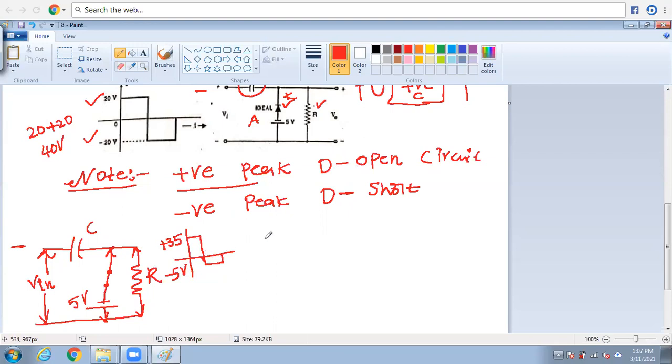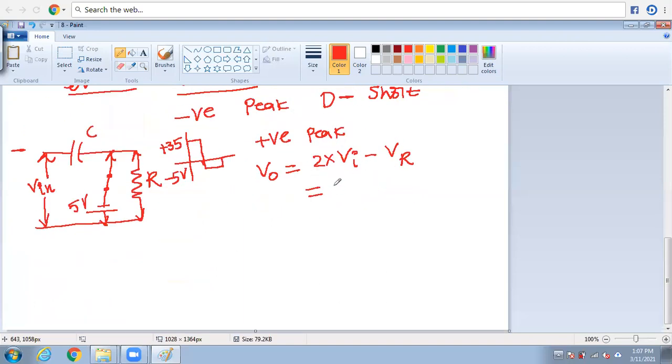If you go with a formula, for the positive peak, V0 equals 2Vi minus the reference voltage, Vr. So this is 2 into 20 volts, that is 40 volts, minus 5 volts.